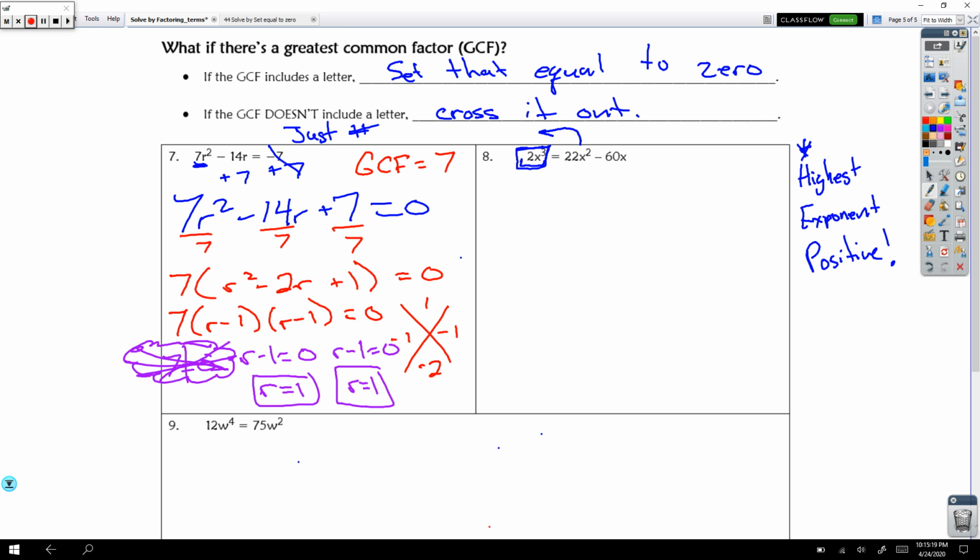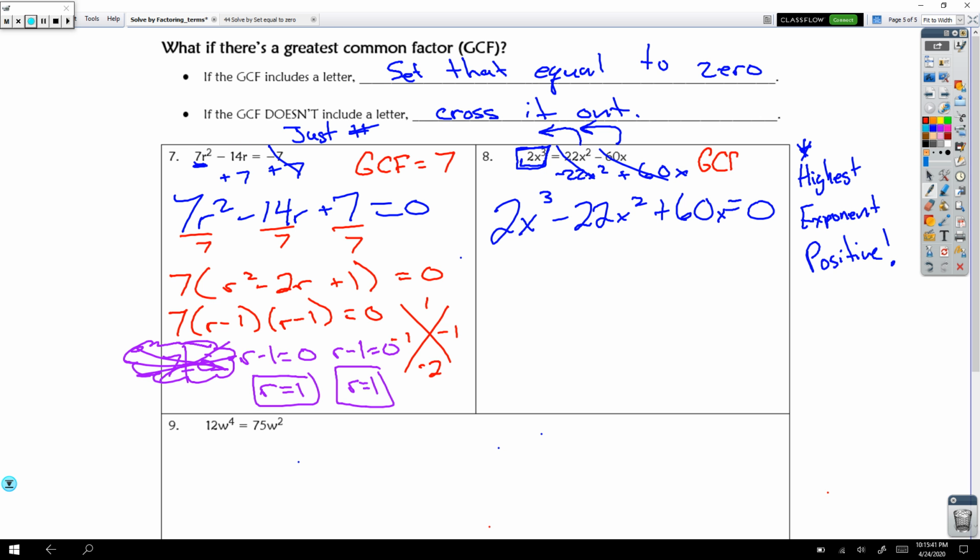So I'm going to move all of this to the left. So subtract and add. So we would have 2x to the third minus 22x squared plus 60x equaling 0. So again, I want to look for a GCF. In this case, my GCF, remember for variables, you want to look for the smallest exponent.